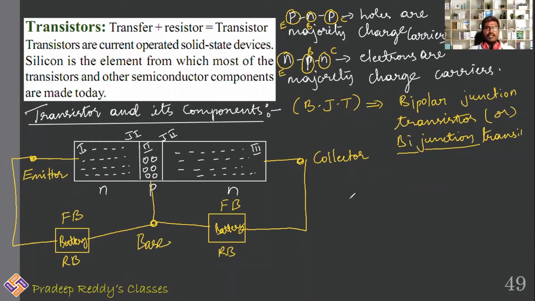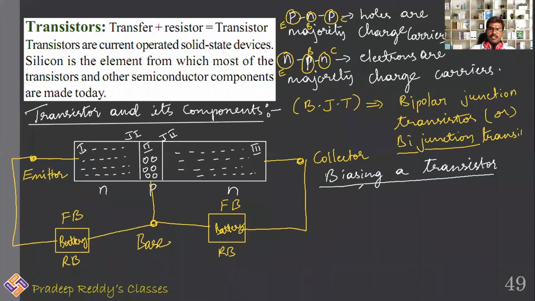There are 4 different ways you can bias a transistor, right? So the biasing of a transistor can be done in 4 different ways. You can bias a transistor in such a way.